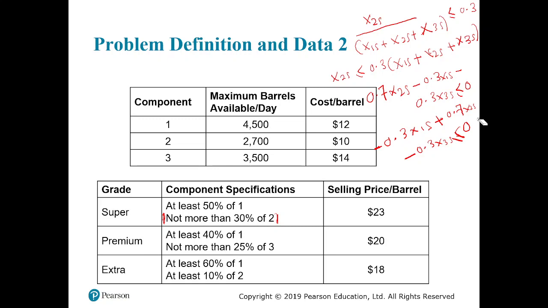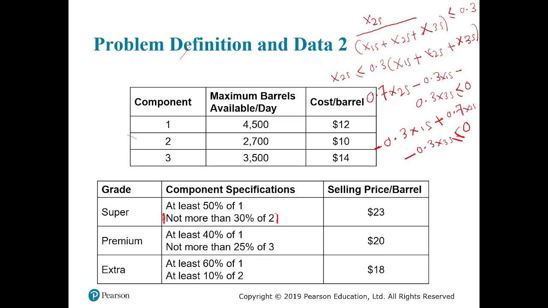I really wish I had a more functional pen and a better way of writing this by hand. You can do the same for the component specifications for premium and also for extra, and the full details of the calculations are also given in the textbook.